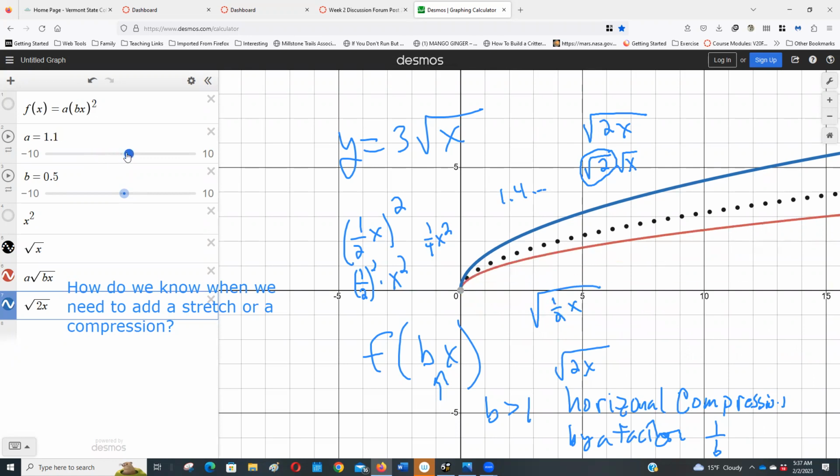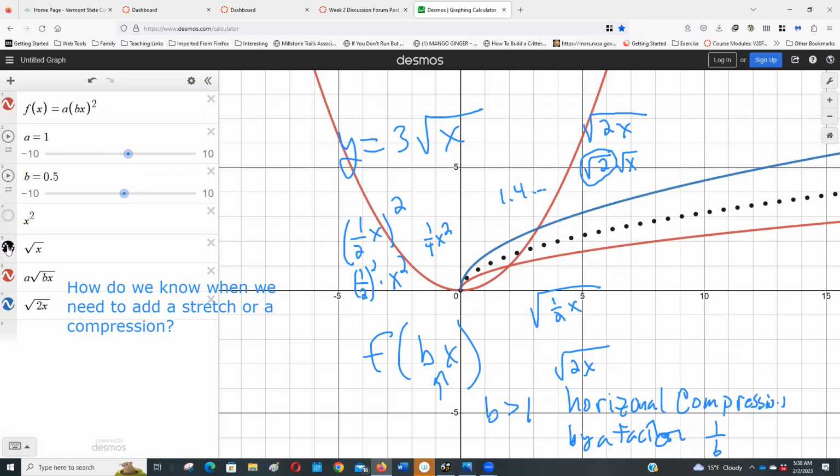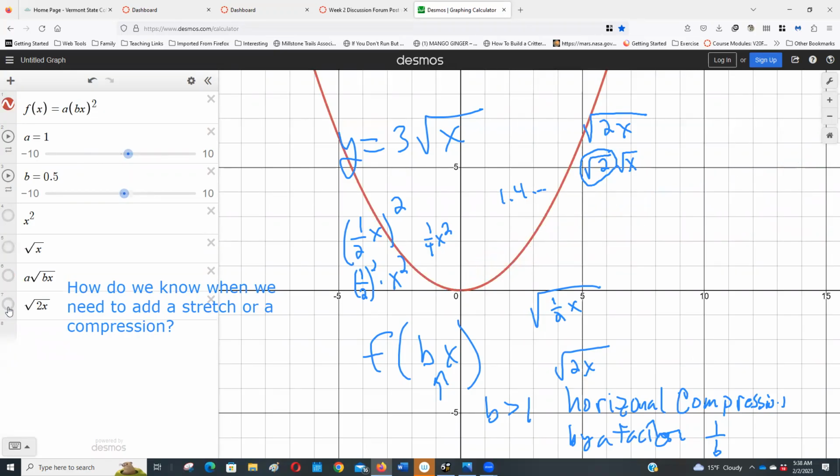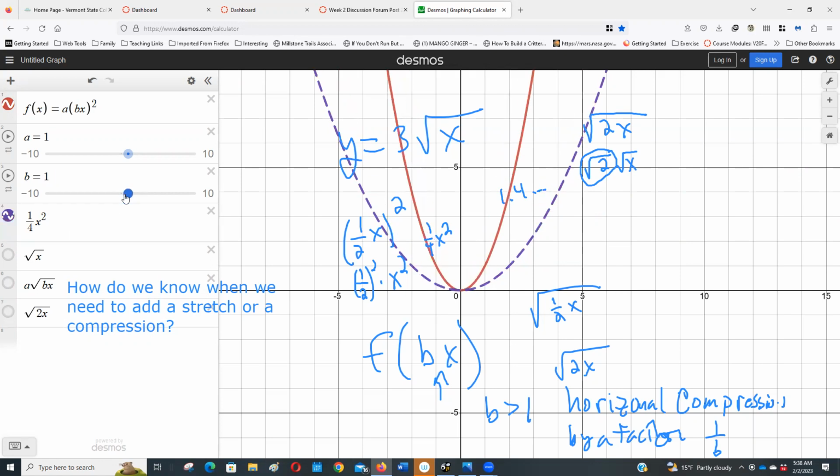Let's undo that. So that's the base. And then I'm going to do this. Let's make this be 1/4 x squared. So 1 divided by 4. Did it take that? Let me turn that on. A is 1. Oh, b isn't 1. There we go.